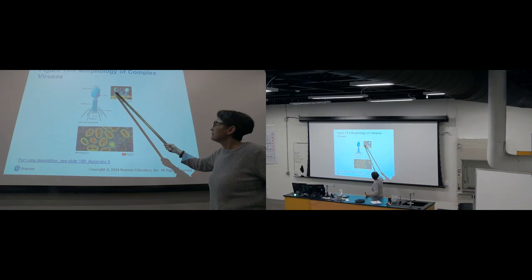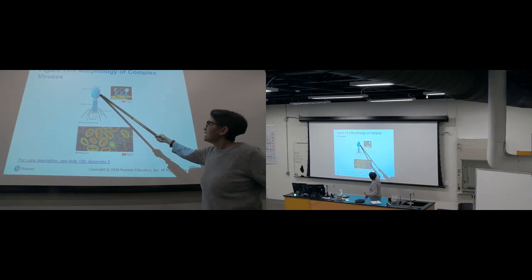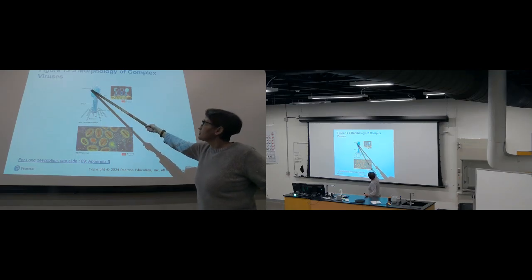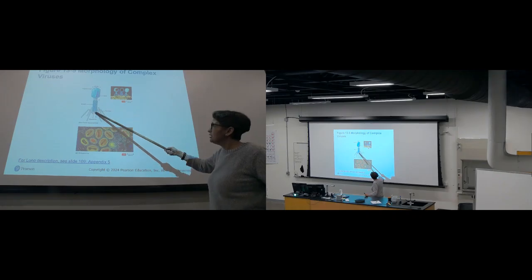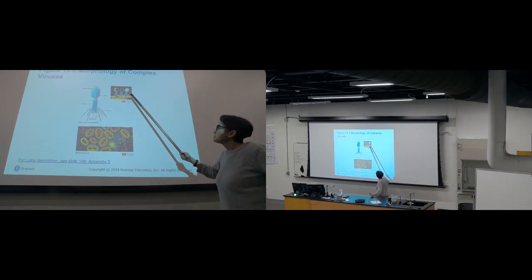It looks like an alien ship. So this is the head. The head measures side to side 65 nanometers. And then inside the head you have the DNA. And then you have this sheath with protein that protects the internal part. Then this base plate with these tail fibers. And then the base plate has some pins.